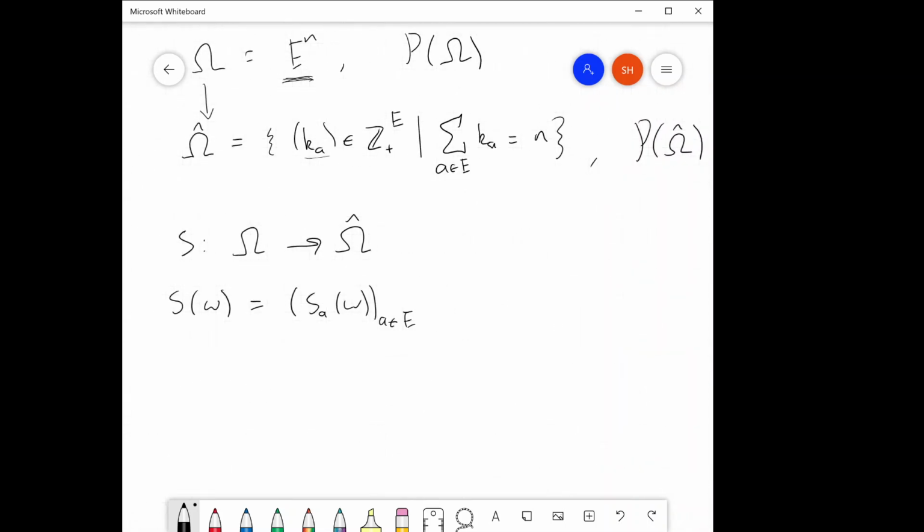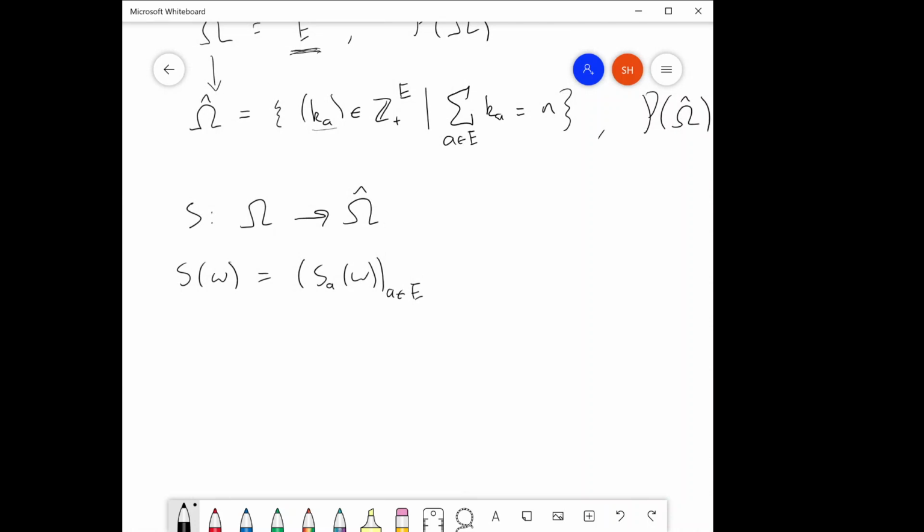And what does S_a do? S_a picks out and gives you a 1 every time an element in Ω is color a.